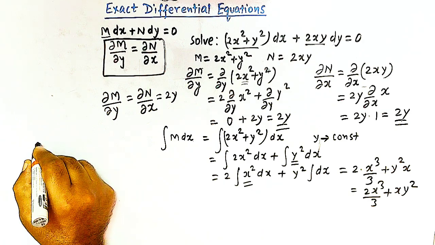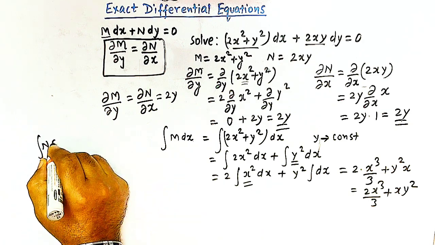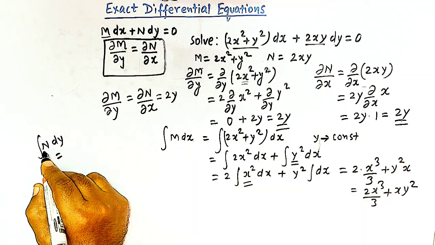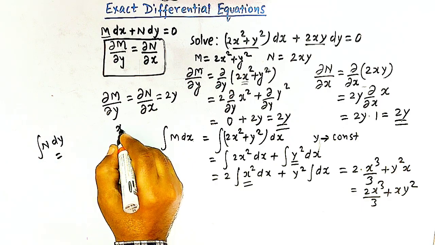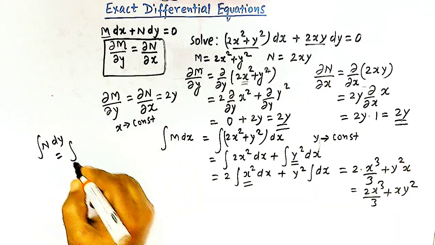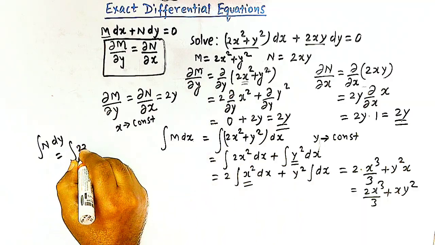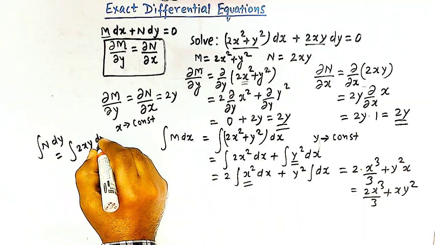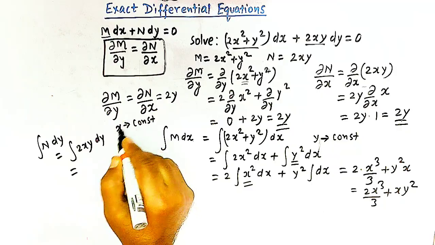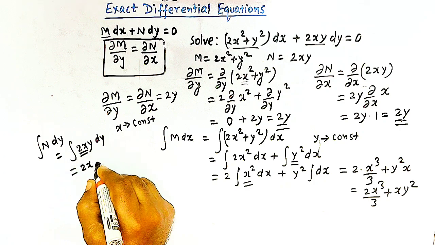So now let us find out this integral n dy. So when we find out integral n dy, then we take x as constant. So we have integral, and n is 2xy. Here we have dy. Now since we are taking x as constant, we can take this 2x outside the integral.